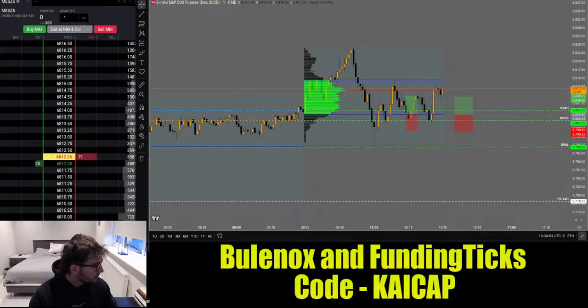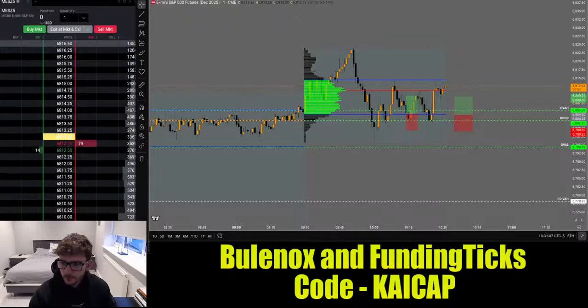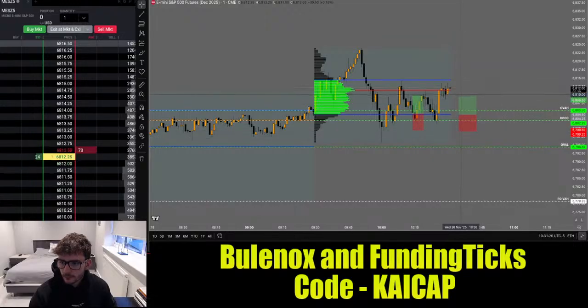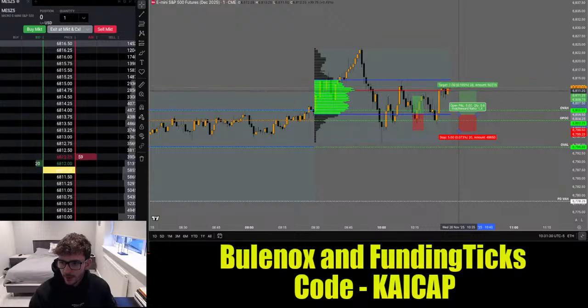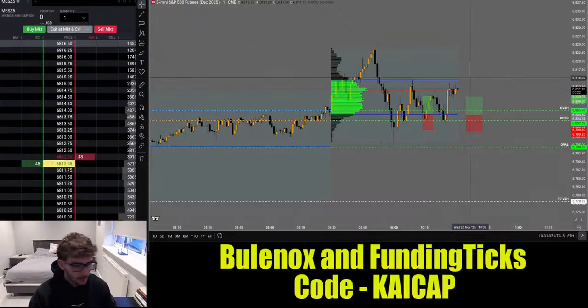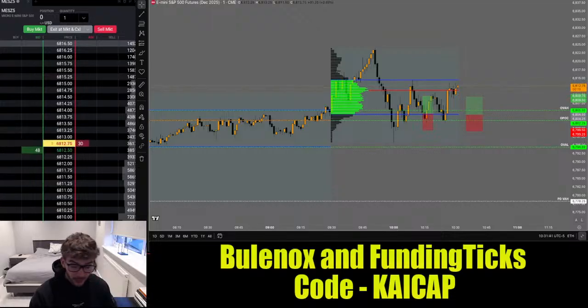I'm going to throw that limit order in there. Take some off there, and then I'll take some off at like a 1 to 1.4 at the POC, once I get filled.